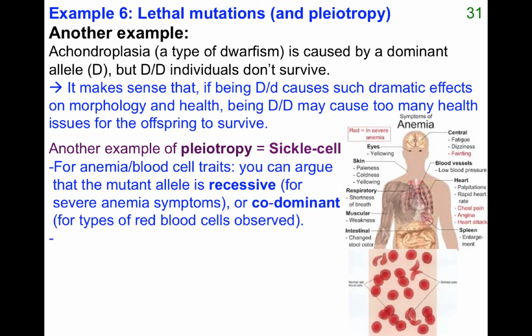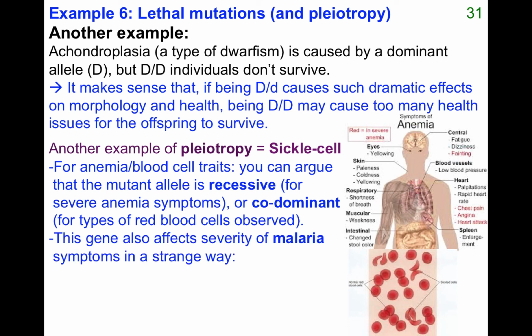But you could also argue that the sickle cell gene is codominant, in that when you look at the blood, a heterozygous individual has both normal and sickle-shaped blood. And so you can say that both the normal and the sickle mutant alleles are expressed in their phenotype fully, right? So sometimes whether it's codominant or recessive depends on what phenotype you're focusing on: the whole body's reaction to its genes, or, on a finer scale, what types of blood cells you see, okay?